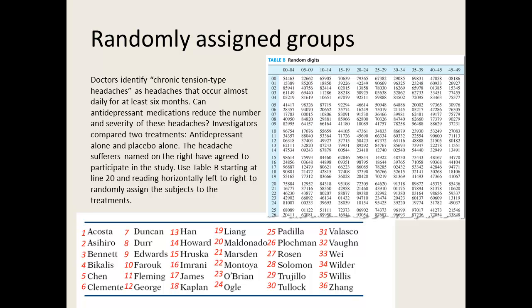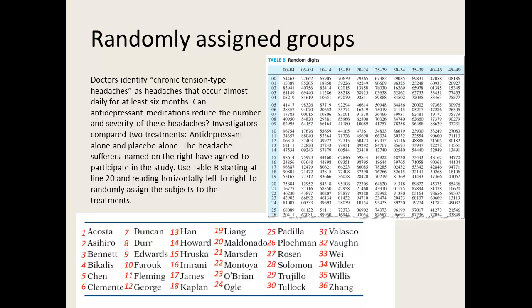Begin by assigning sequential numbers to each of the subjects. I've numbered them from 1 to 36 alphabetically for our convenience. It's okay that the list is first sorted alphabetically, because the table of random digits should ensure a truly random selection is achieved. Next, find line 20 and read in 2-digit sequences, because the total number of subjects was 36, which has 2 digits.